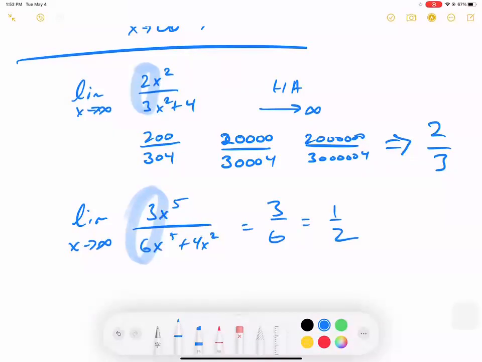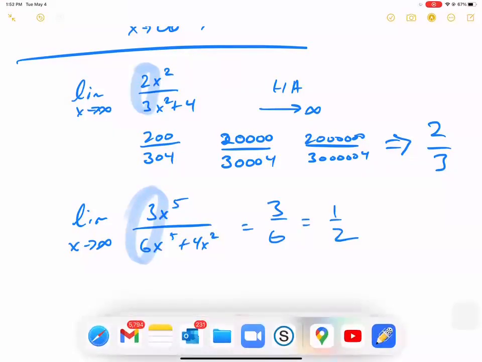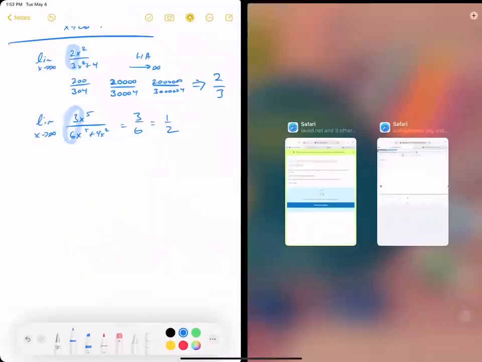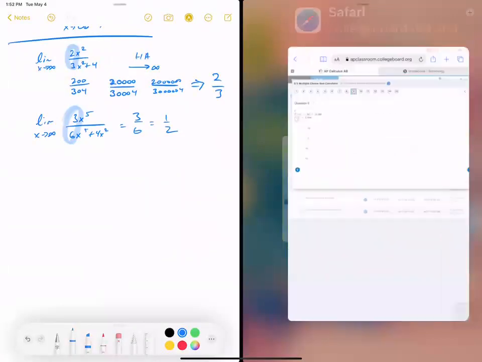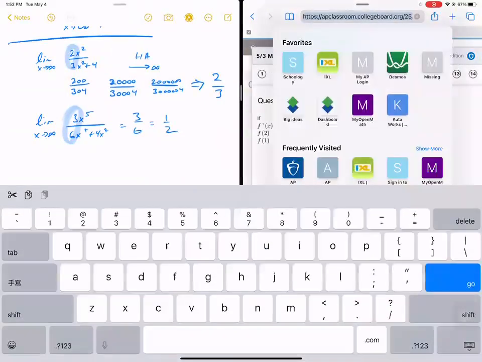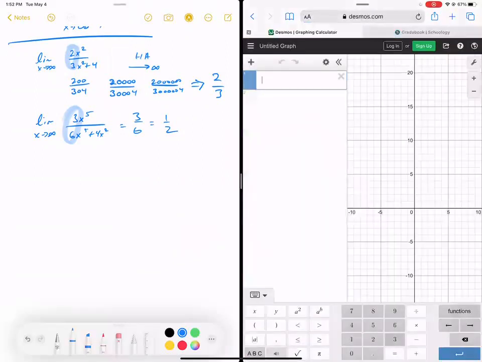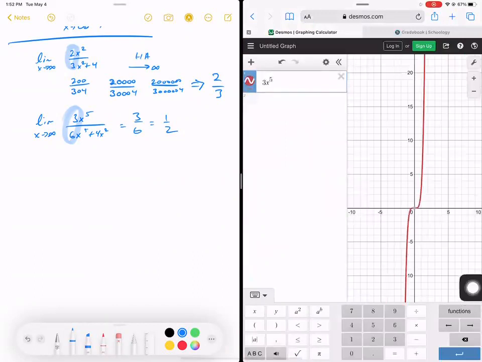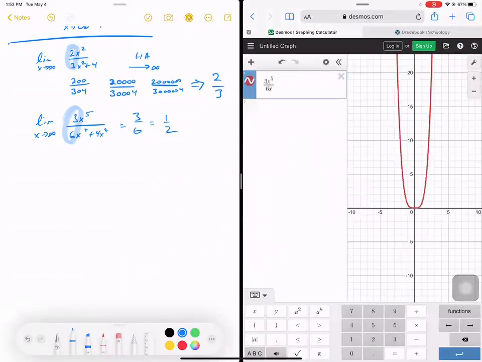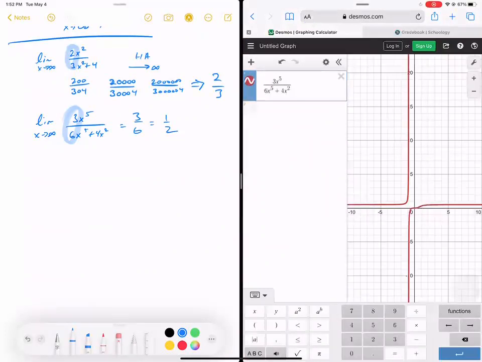And I'm going to actually graph this for you to prove this point that we're going to think smarter than harder. Come on, smarter than harder. We have a rule that we've talked about before. It's a 3x to the 5th, divided by 6x to the 5th plus 4x squared.